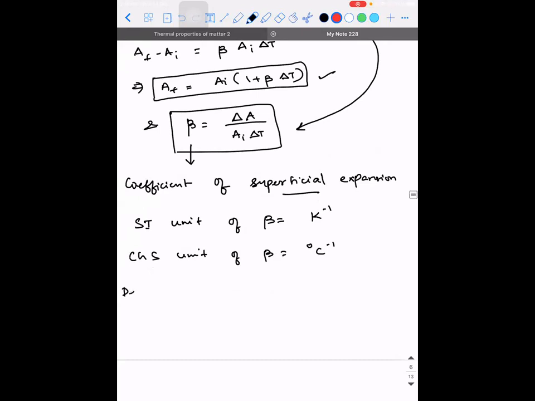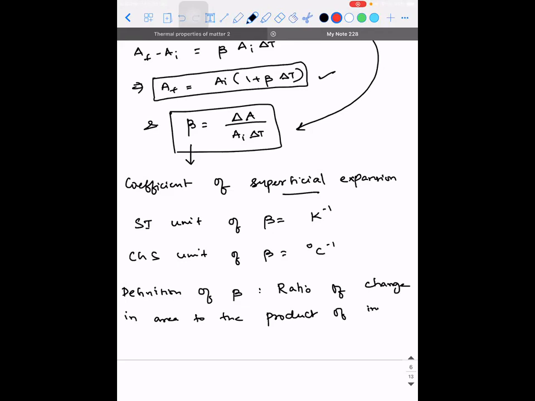Okay. Now, what will be the definition of beta? It is the ratio of change in area to the product of initial area and change in temperature. See, I'm calling it initial area. Some books will give it as original area. Both are right. I hope by now you should have understood. What is original area? Original area is the one which is before applying heat.